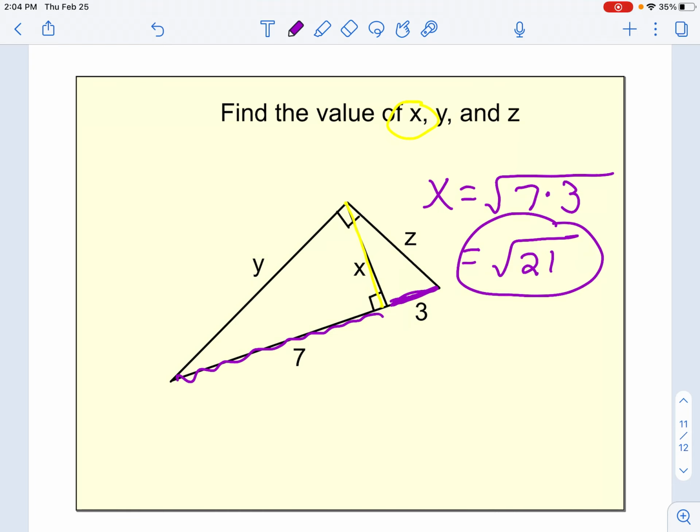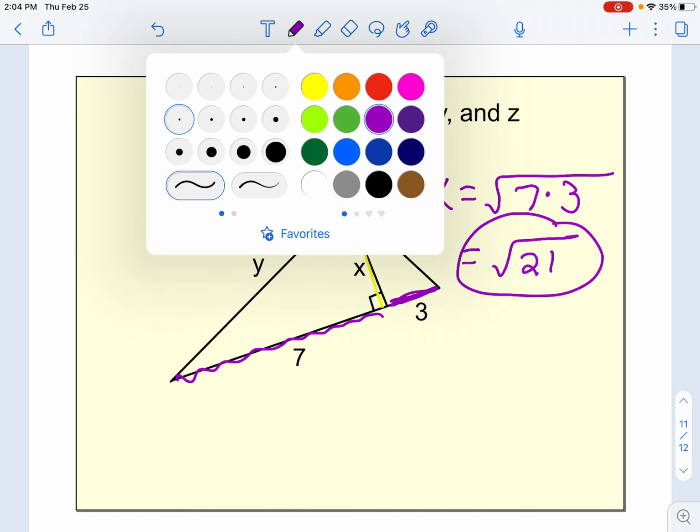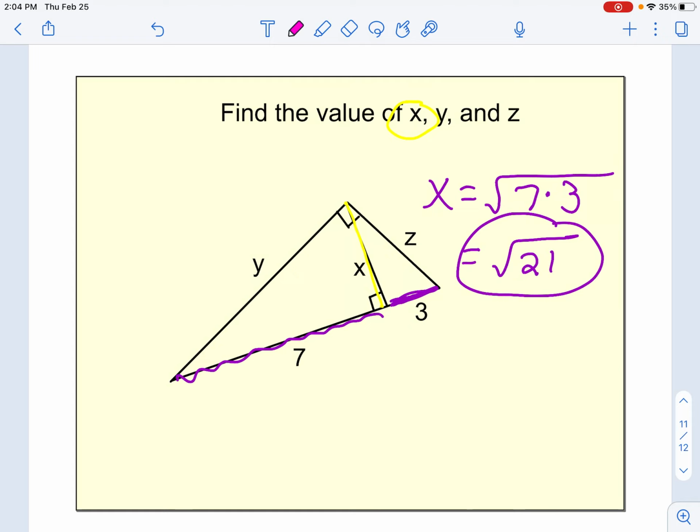The leg ones get a little bit more complicated, but let's go ahead and try one. So let's look at Y right here. Y is part of that large red triangle that we normally highlight. It is the longer leg of it.